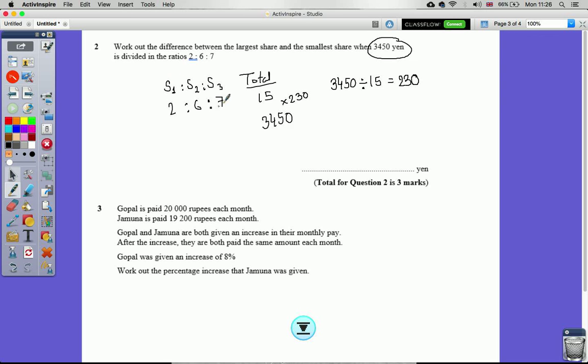Now look, the largest share is this one, isn't it? 7. And the smallest share is 2. So what's the difference between 7 and 2? The difference between 7 and 2 is equal to 5. So the difference between the largest share and the smallest share will be 5 multiplied by 230, which will give you 1,150 yen. 3-mark question. Easy 3-mark questions, right?